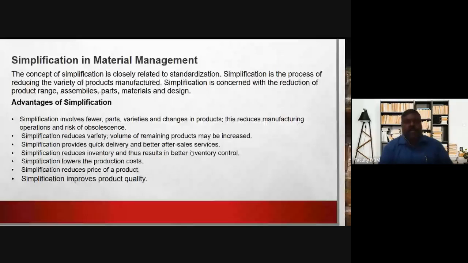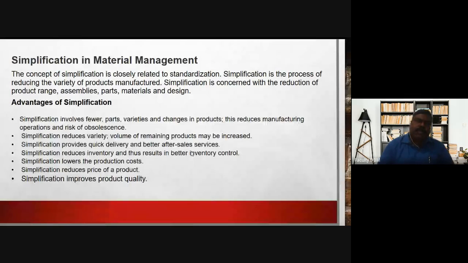Simplification reduces variety and volume, and the quantity of remaining parts may be increased. Simplification provides quick delivery and better after-sales service. It reduces inventory and thus results in better inventory control. It also lowers the production cost, reduces the price of a product, and improves product quality.